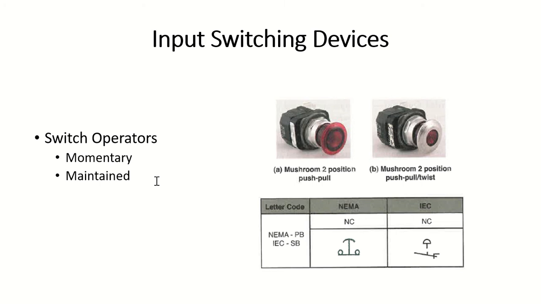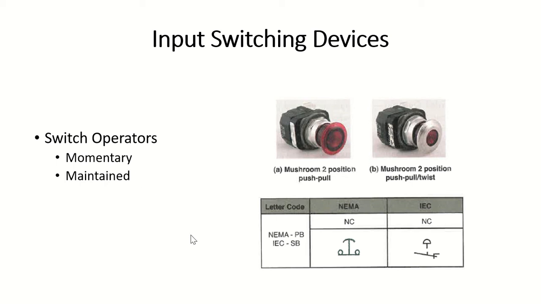Each one of these E-stops is what we call a maintained operator, so that at any point during our labs, if something unsafe is going on, I can press that maintained switch operator, and it's going to open up and remain open. It's going to kill the power in our classroom. So again, you'll see the E-stops used typically with maintained operators.